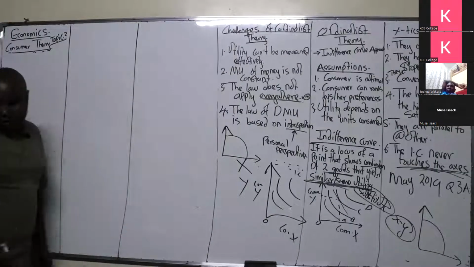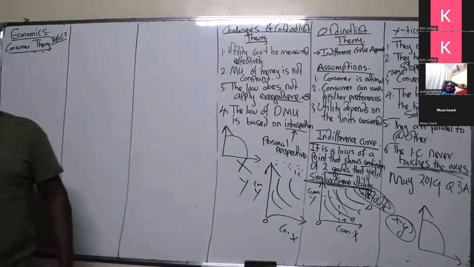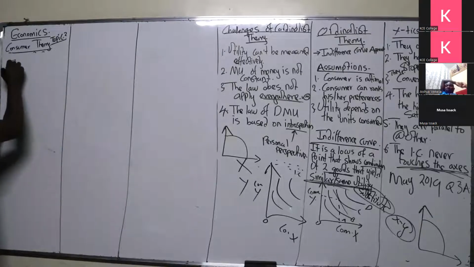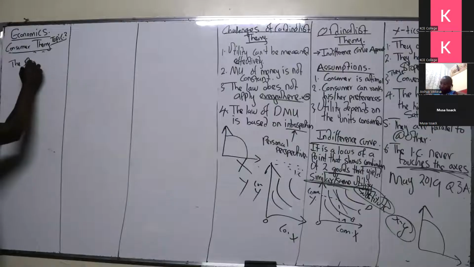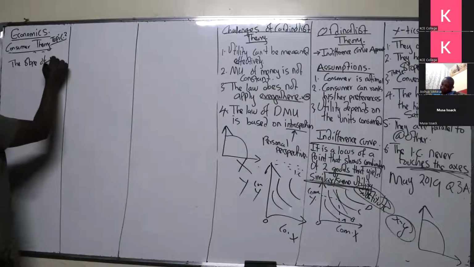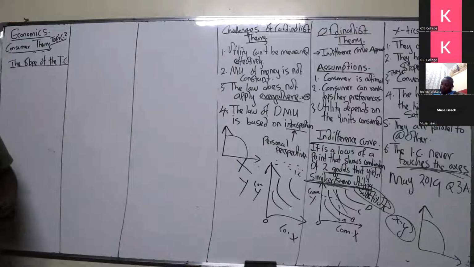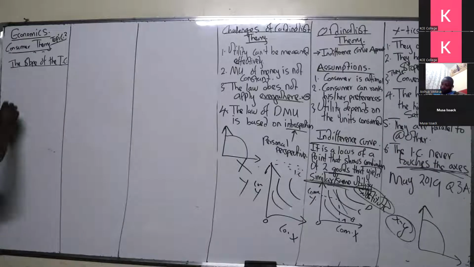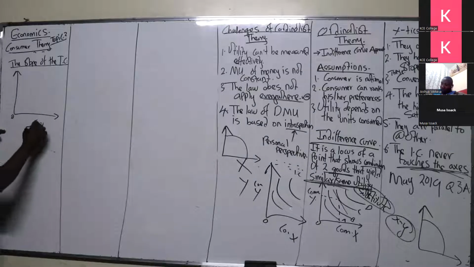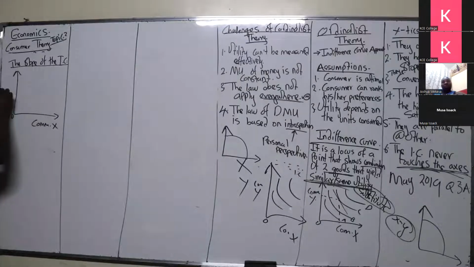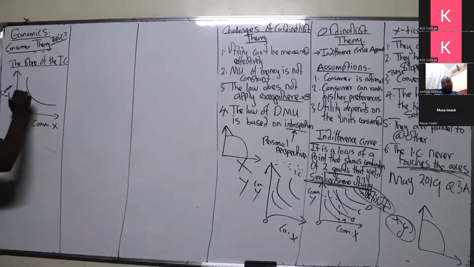So the next thing that we shall be tackling is the slope of the indifference curve. When you're talking about the slope in respect to good X and good Y, assuming you have commodity X and commodity Y here, you have an indifference curve like that.